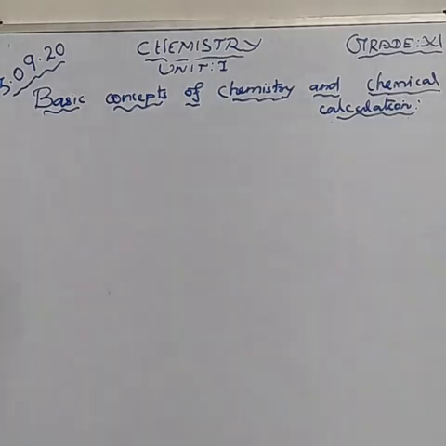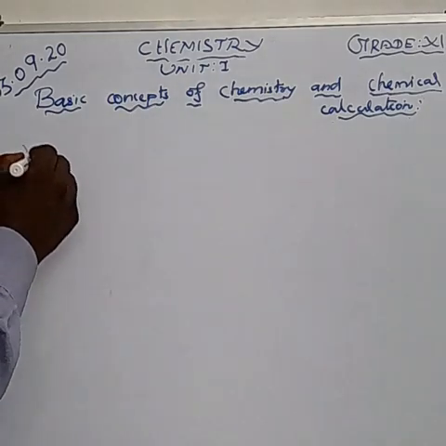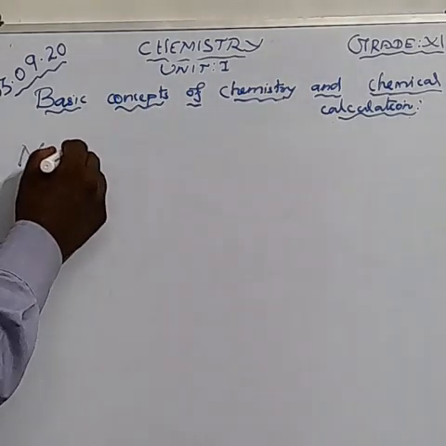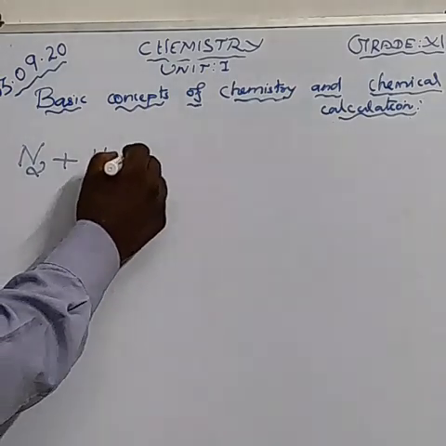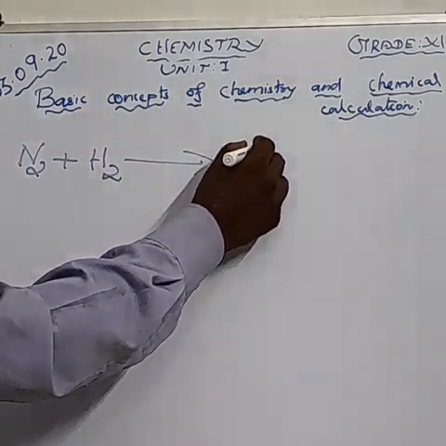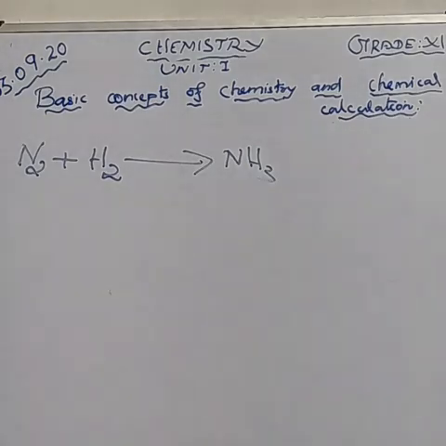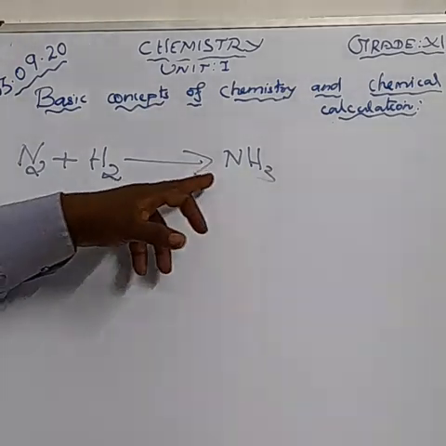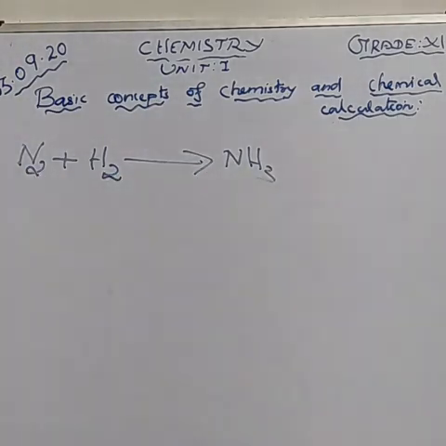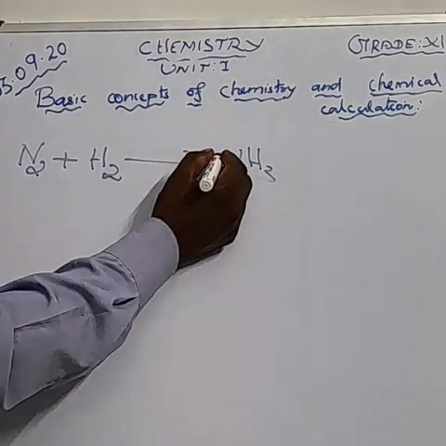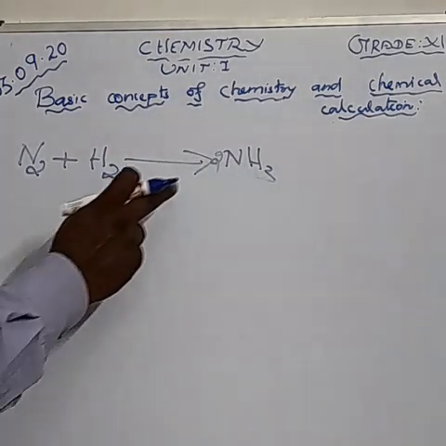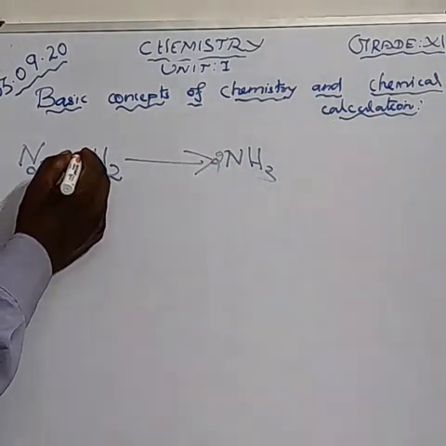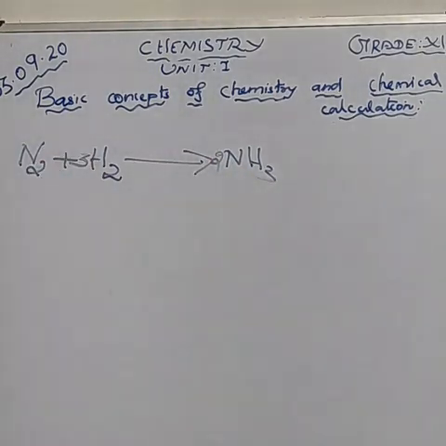Nitrogen combines with hydrogen to form ammonia, NH3. Now balance the equation. There are 2 nitrogen, so make it 2 here. Hydrogen: 2 threes are 6, so make it 3 here. Now the equation is balanced.